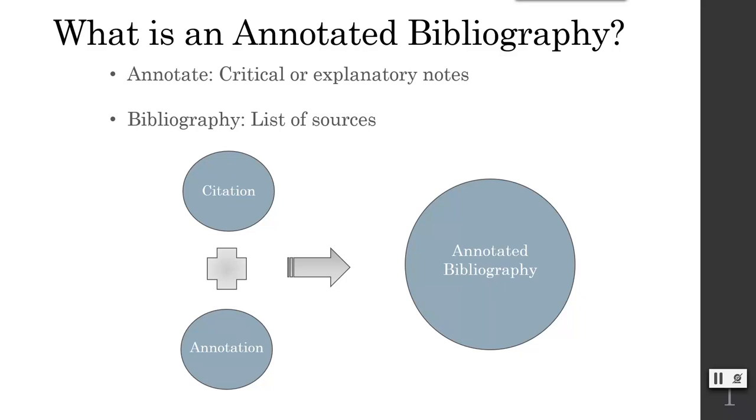Whether it's APA or MLA or Chicago, the annotated bibliography begins with that citation, which is exactly what you commonly put on your works cited page or your bibliography or your references page. Underneath that citation you have your notes or your annotation on that specific article. Those two pieces come together to make an annotated bibliography.